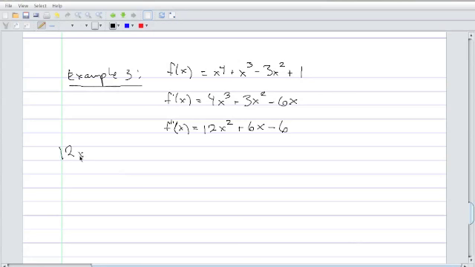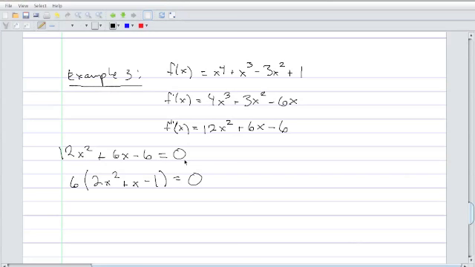So if we have 12x squared plus 6x minus 6, if you set it to 0. Now, if we're going to solve for x, let me see. We can factor out a 6 from all of these terms. So first we'll have 2x squared plus x minus 1 equal to 0.